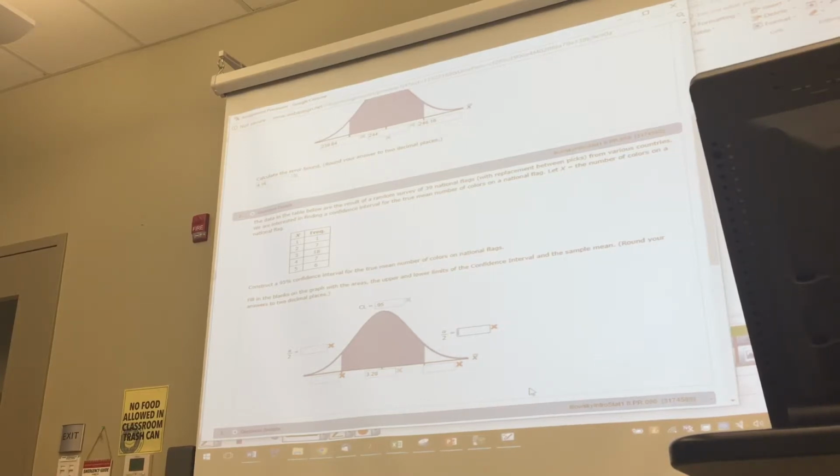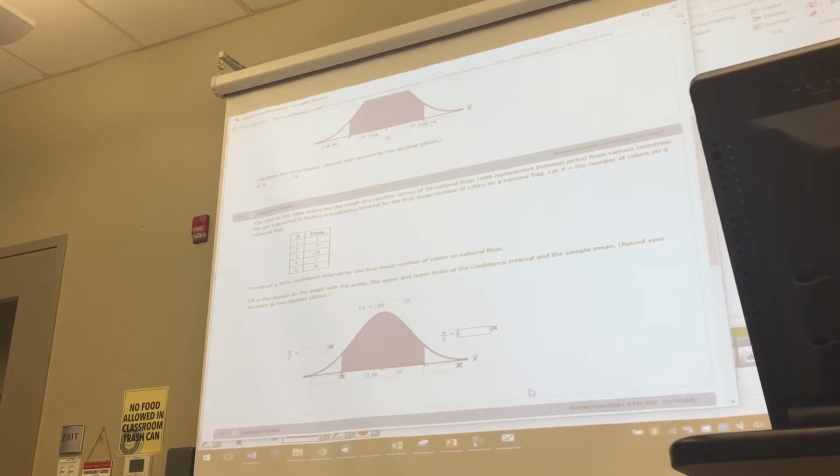What's my alpha divided by 2? That's my alpha. Should be able to do that one fairly quickly. 0.025. What's my alpha in the lower tail? 0.025.